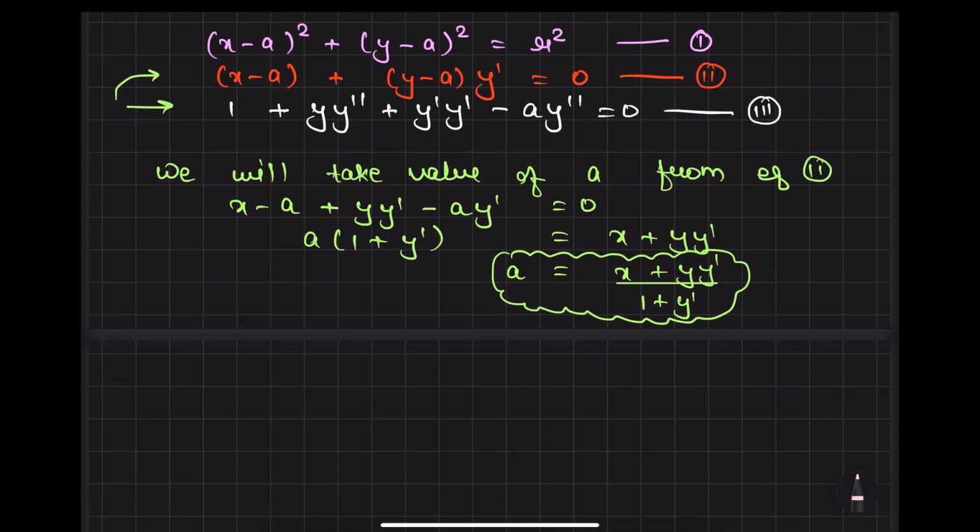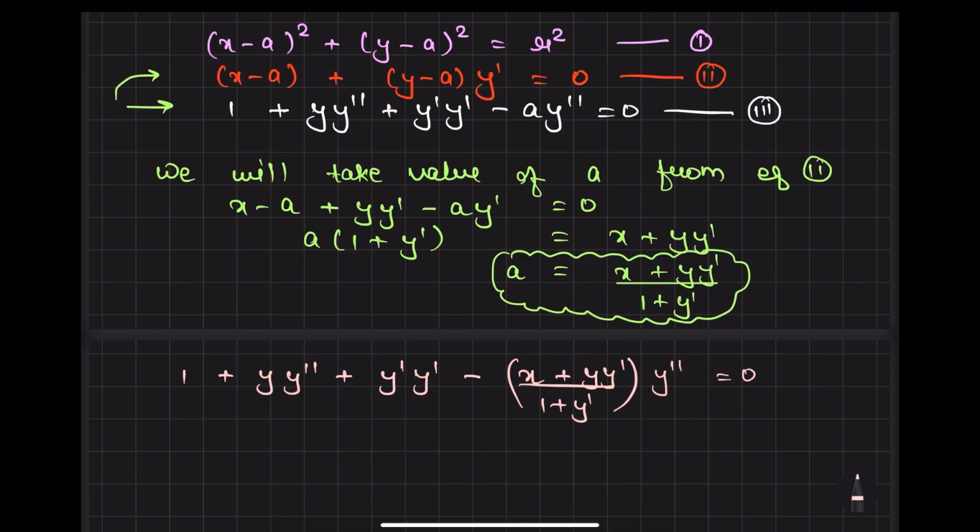We have 1, we have y double dash, we have y dash minus a. So can I write x plus y dash over 1 plus y dash, and then we have y double dash equals to 0.